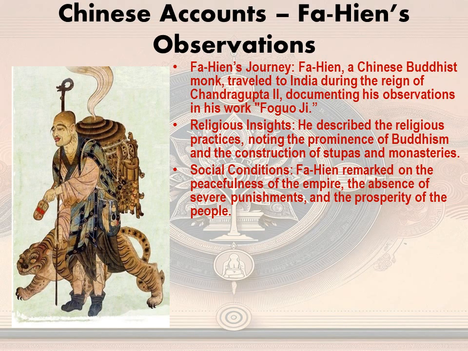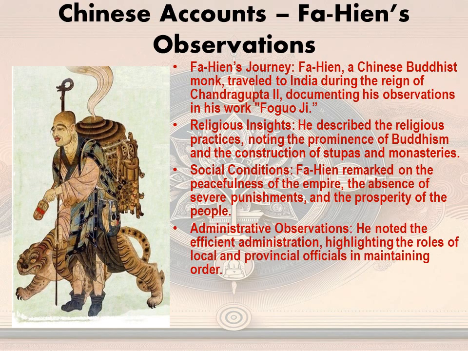Fa-Hien remarked on the peacefulness of the empire, the absence of severe punishments, and the prosperity of the people. So, people during the Gupta times were wealthy and they lived peacefully, happily with one another in such a way that the empire did not need to punish anyone in a severe manner.